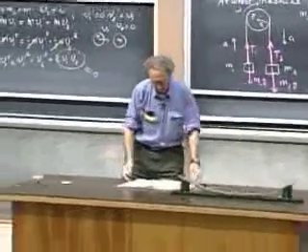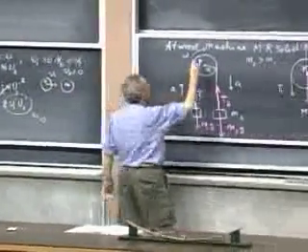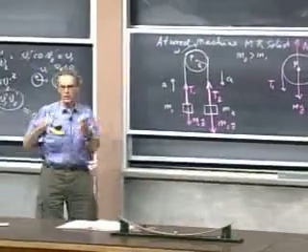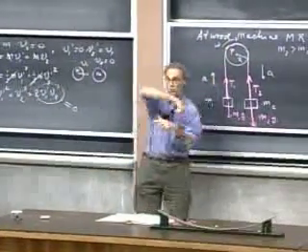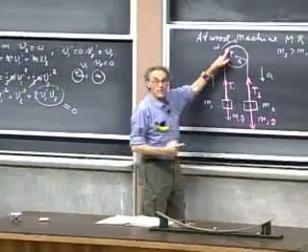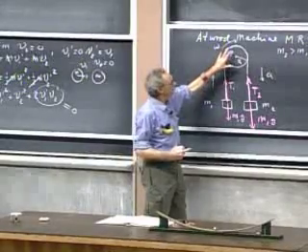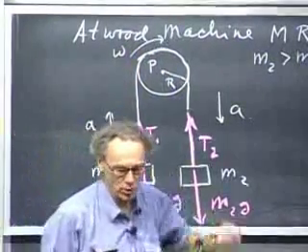So now we're going to calculate the acceleration under the condition that the rope does not slip. That means there is friction with the pulley, not friction here, but here, otherwise the rope would slip. What it means if there is no slip, that if the rope moves 1 centimeter, the wheel also turned at the circumference 1 centimeter. That's what it means when there is no slip.